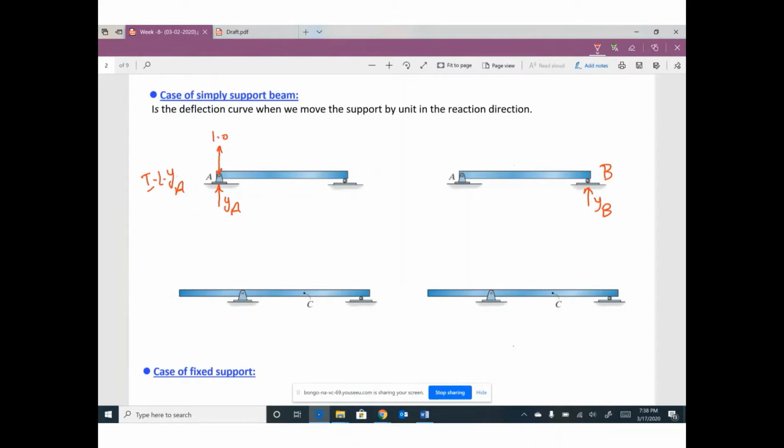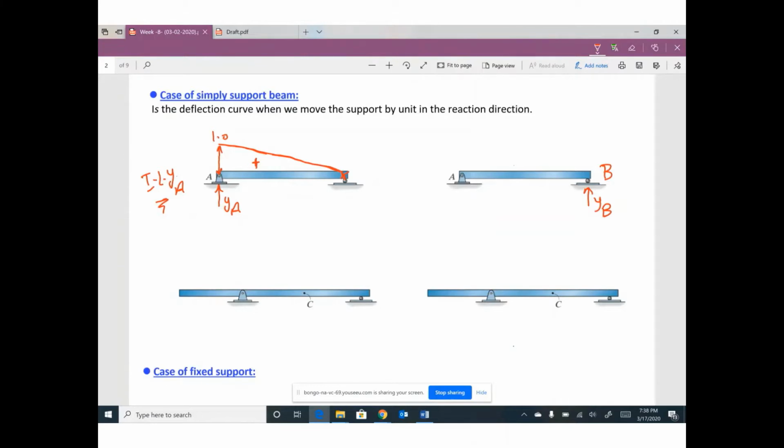Any other support in your beam, keep it as it is, no movement. So the new shape of your beam looks like this, and this shape is positive. This diagram can be called the influence line for reaction YA.